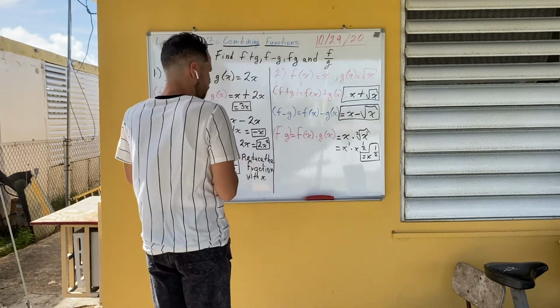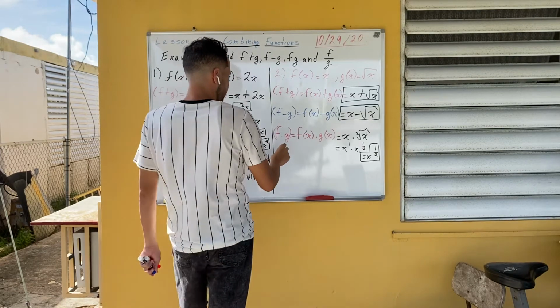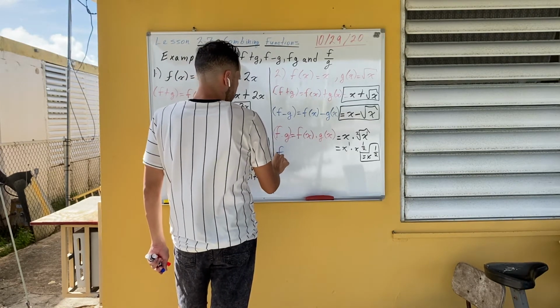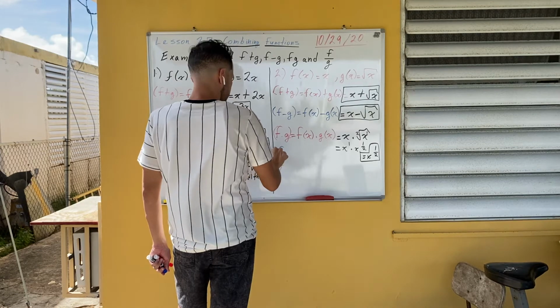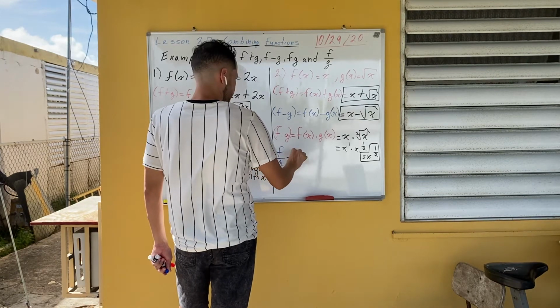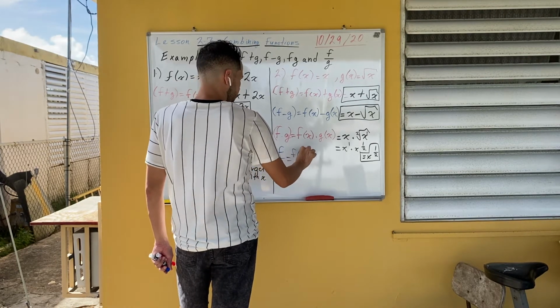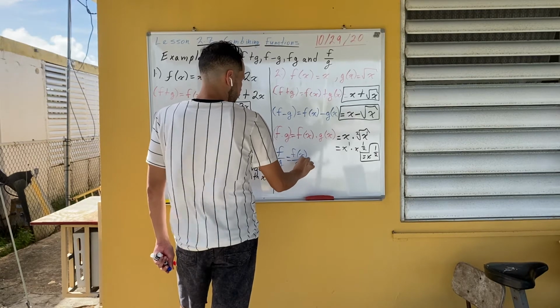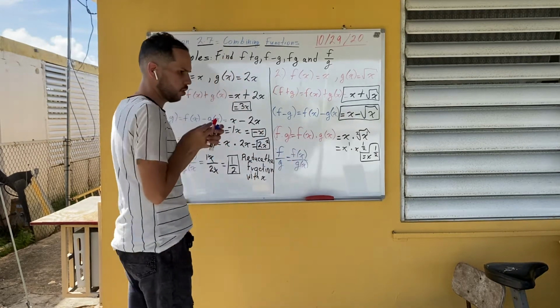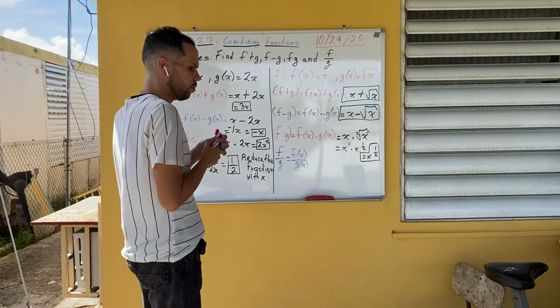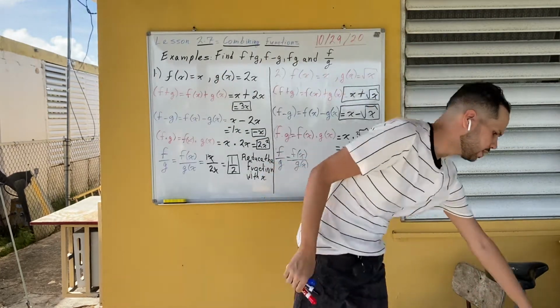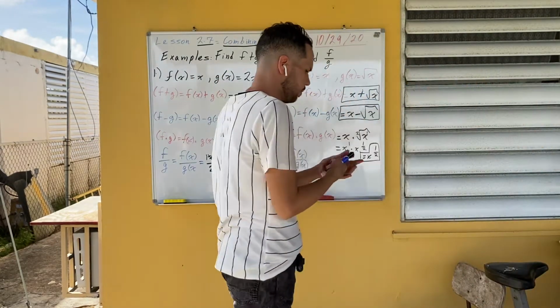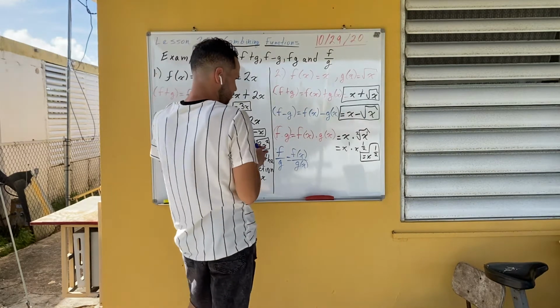And last but not least, let's check f over g. So f over g is f of x over g of x. Let's see what happens in this problem.